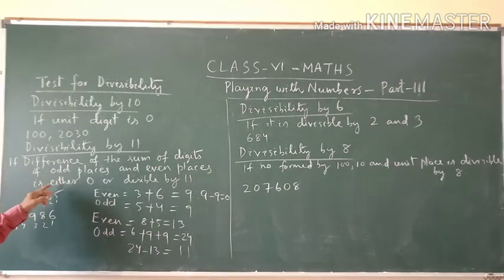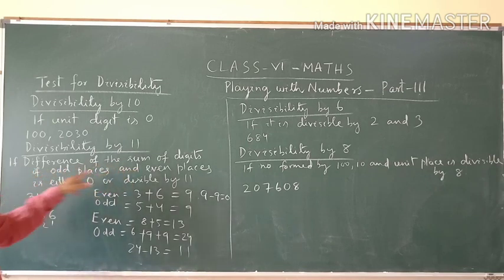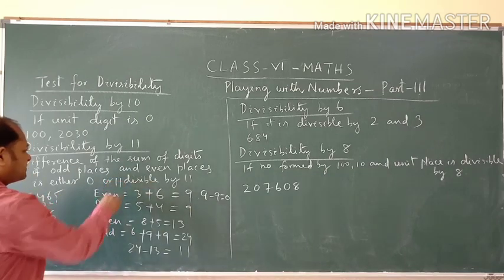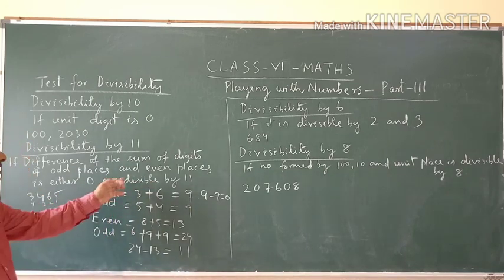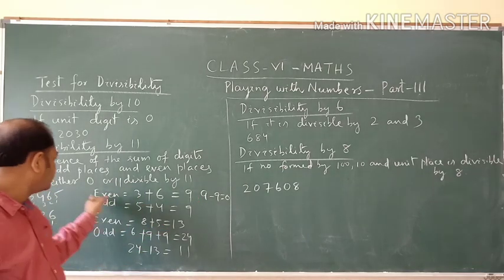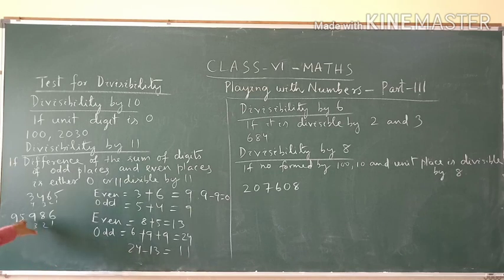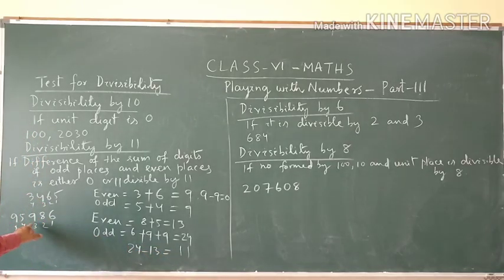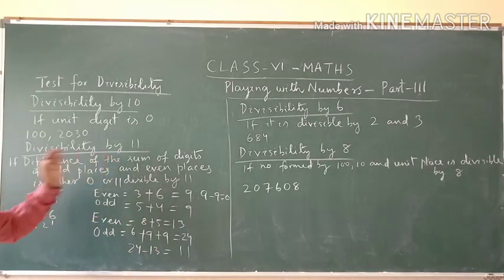According to the rule, the difference of the sum of the digits of odd places and even places is either 0 or divisible by 11. In the earlier example 0 was coming, but in this example 9, 5, 9, 8, 6, 11 is coming. That means the number 9, 5, 9, 8, 6 is divisible by 11.